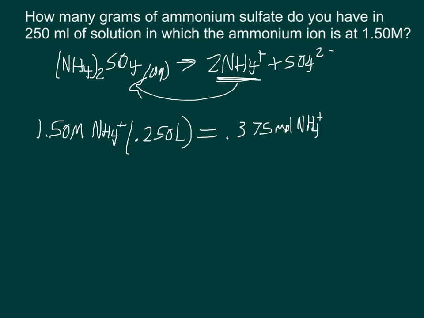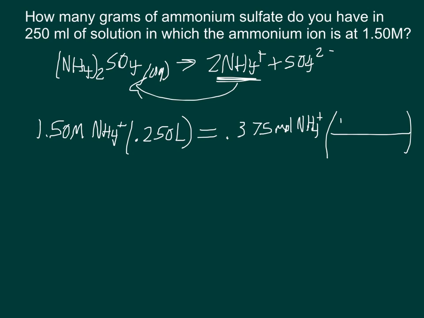Now, I want to convert that to ammonium sulfate. Just like we do with molecules and stuff, we know that if we have 0.375 moles of ammonium, we can figure out how many moles of ammonium sulfate it took to make that many moles of it. So what we're going to do is put the moles of ammonium sulfate over the moles of ammonium.